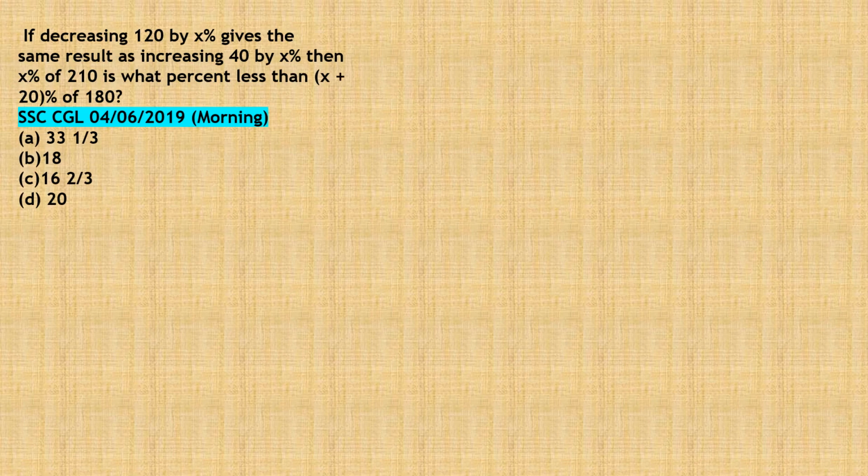If decreasing 120 by x% gives the same result as increasing 40 by x%, the number 120 is decreased by x%, that is 100 minus x%, same as increasing 40 by 100 plus x%.